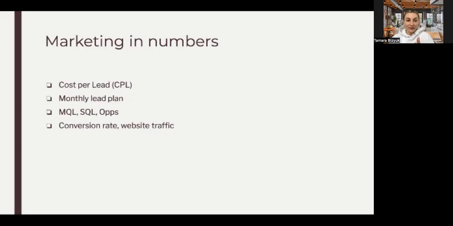So again, MQL, SQL, Ops, deals or customers, depending on the naming in the CRM system, as well as on the specifics of the business. Some also have an intermediate stage like MQL, SAL, sales accepted lead, and then SQL.